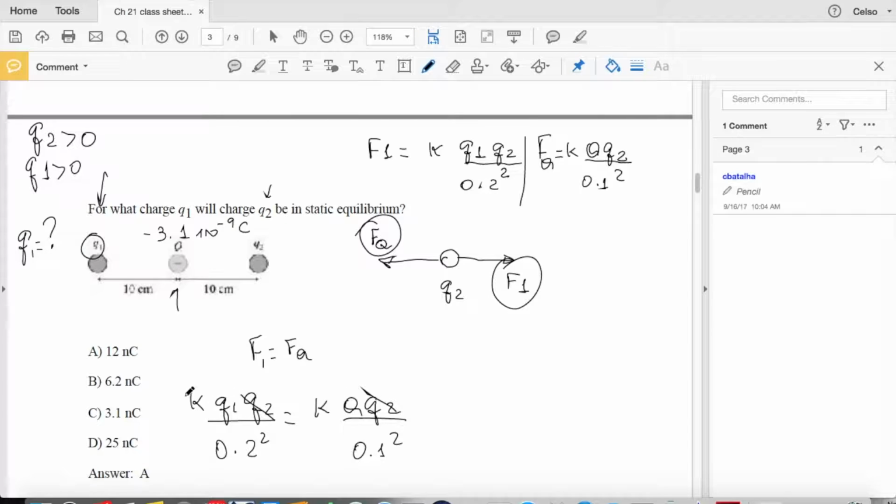Q2 goes away, K goes away, and then we can figure out Q1.